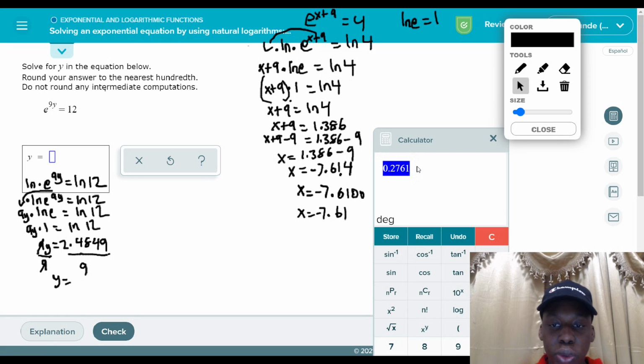This is 0.2761. All right, so now we got that covered.